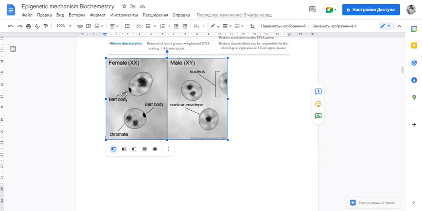It is Barr body. It's like entire X chromosome methylated and deactivated. Here you can see like this one is heterochromatin. It's not as condensed as this one, and it's not as dark as this one. And here in males you can't see any Barr body.